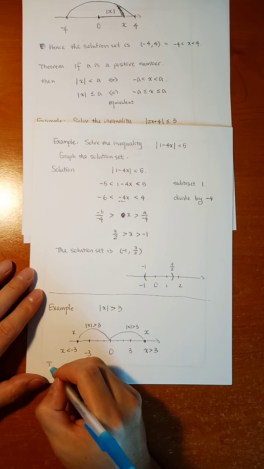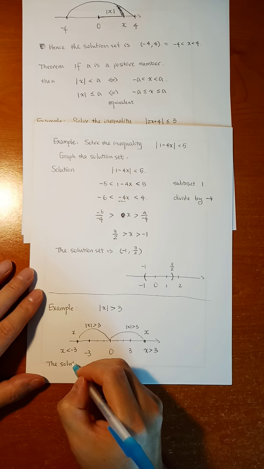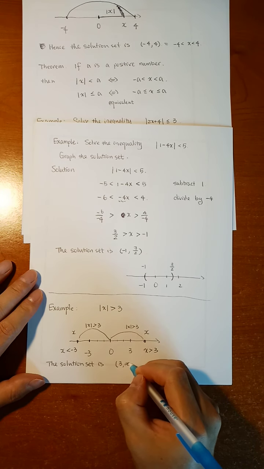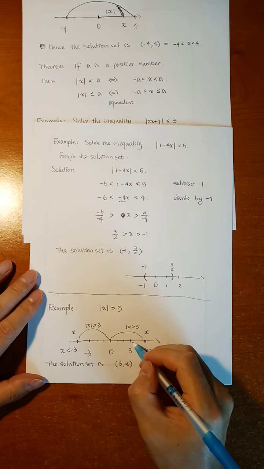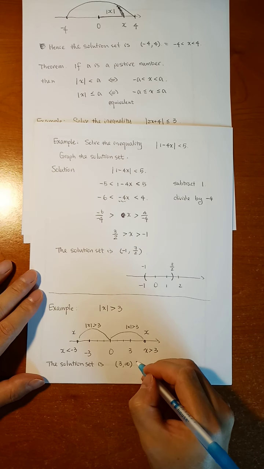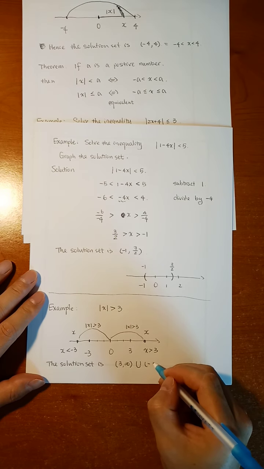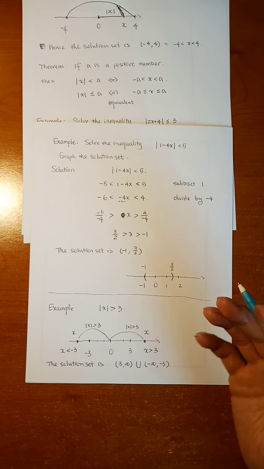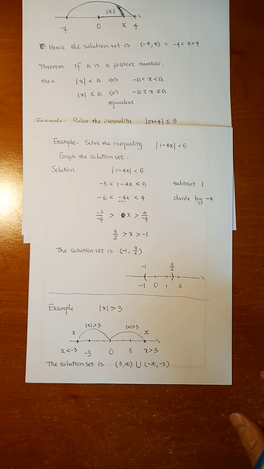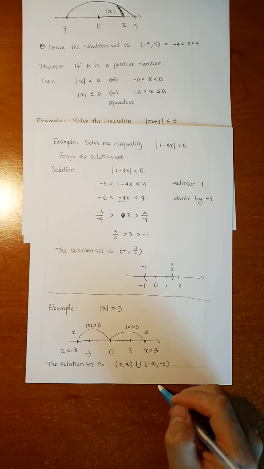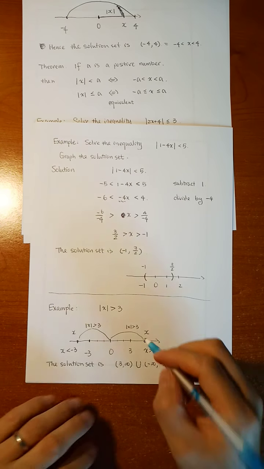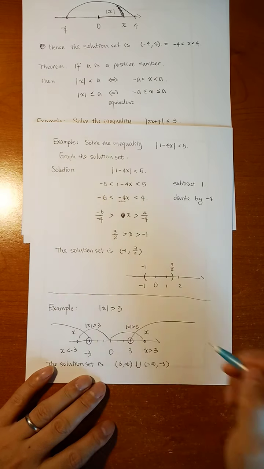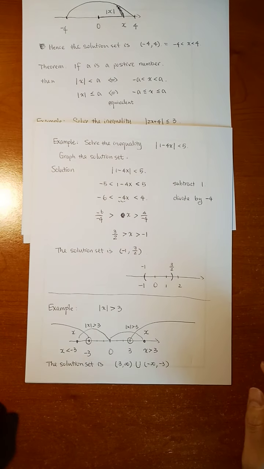So the solution set is either x is greater than 3, this right part, or x is less than negative 3. Or means you do the union, and means you do the intersection. So this is the solution set: either from here to all the right, or from here to all the left. Two wings, two separate parts.